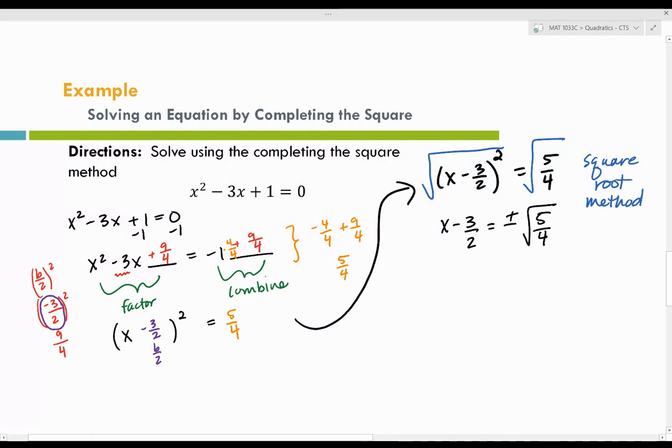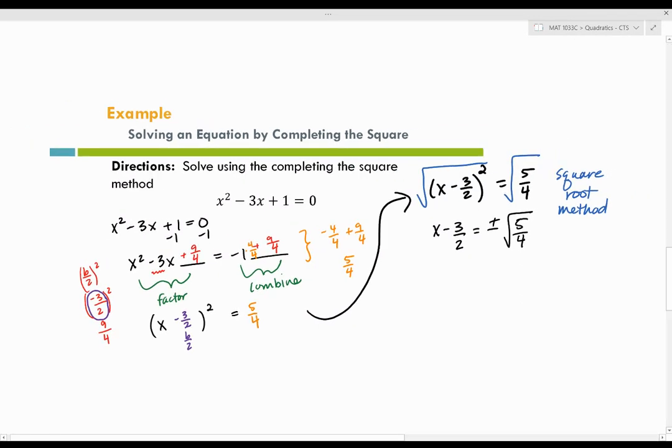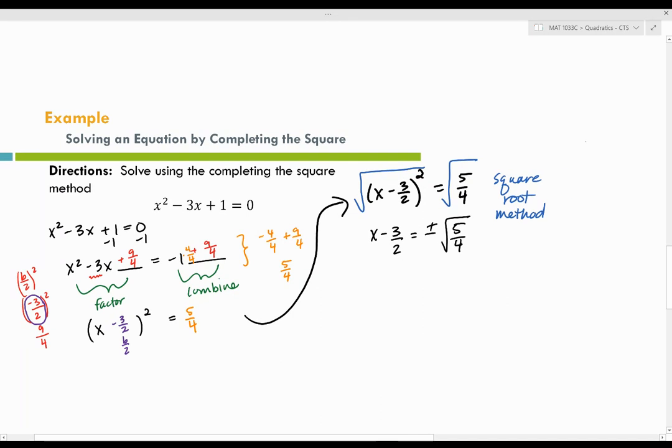Now the square root of 5 over 4 doesn't break down perfectly, but remember, anytime you have a radical over a fraction, it's understood that that's the square root of 5 over the square root of 4, and the square root of 4 does reduce to 2. So instead of writing this, I'm going to write the square root of 5 over 2.